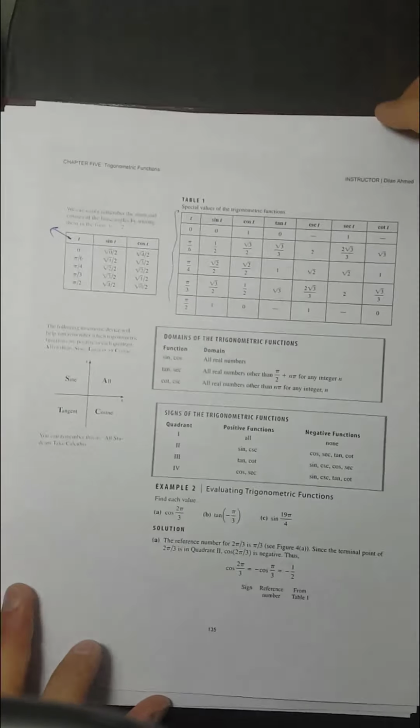Cosine is even, and the same thing is true for secant. So just these two functions are even. Sine is an odd function, and cosecant, because it is equal to 1 over sine, also is odd. Tan, because there's a sine with the tan function, also is an odd function.